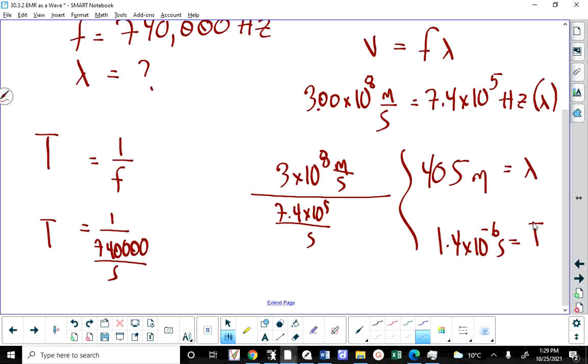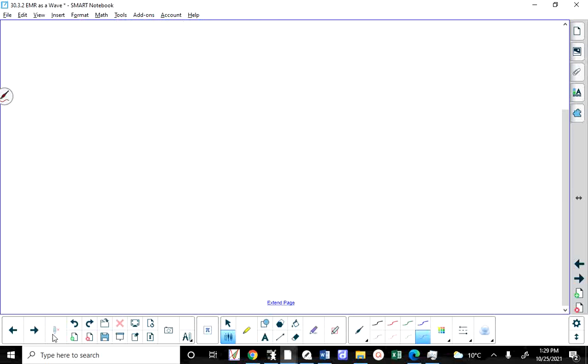Does anybody remember what a typical X-ray wavelength is? Without looking. 10 to the negative 10. So, wavelength is 10 to the negative 10 meters.